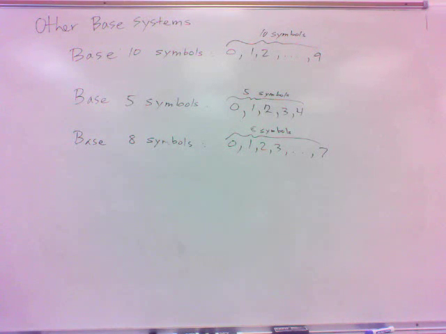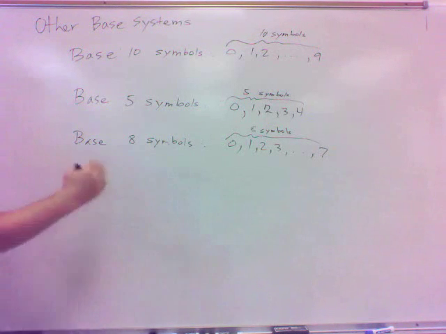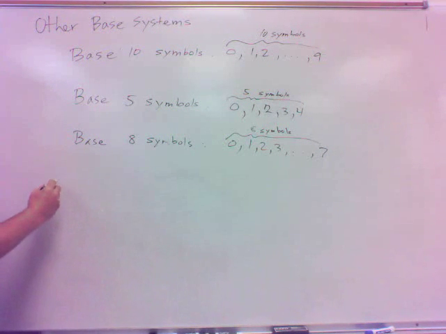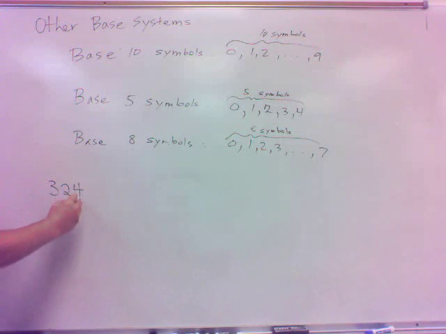So yeah, let's go ahead and talk about, for example, a base 5 number. Well, a base 5 number, one such one might be 3, 2, 4.